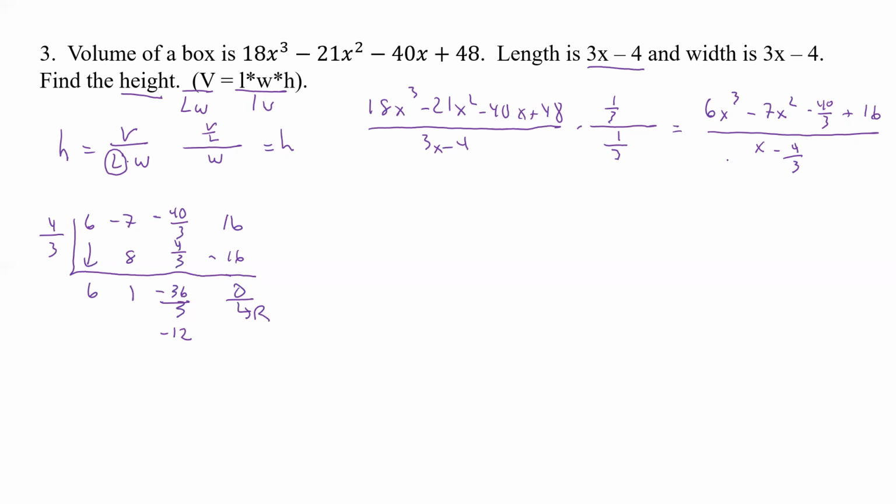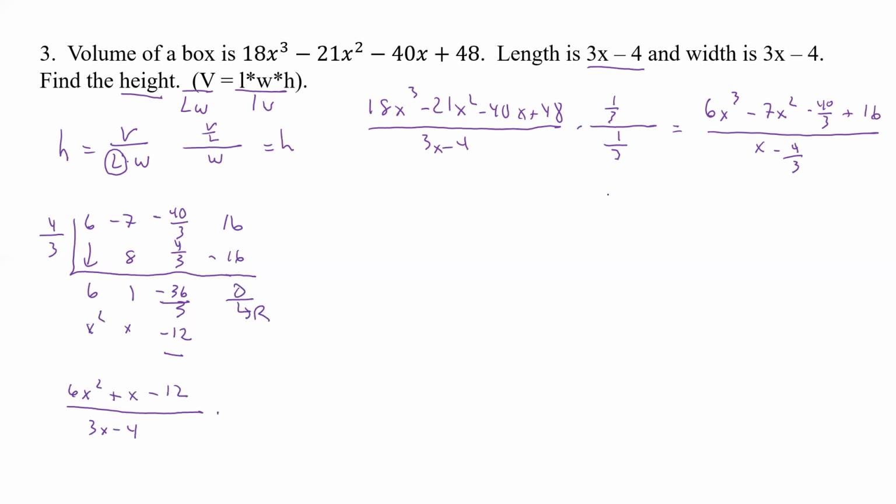It divides evenly. And so now what we have, well, this was going to be x squared, x, and then our number, okay? So we get 6x squared plus x and then minus 12. And that's all over, and guess what? Now it's all over that 3x minus 4 again because the length and the width were the same.